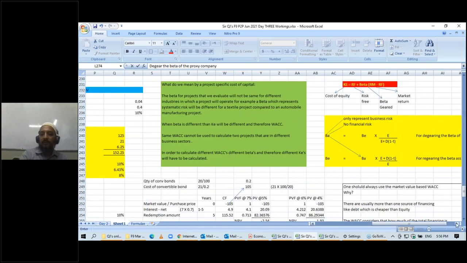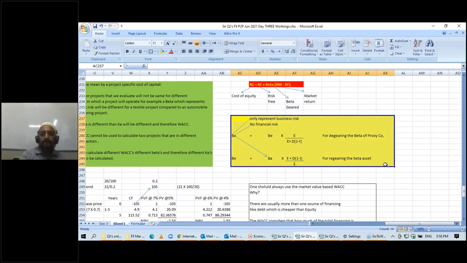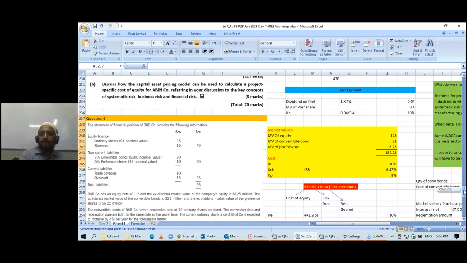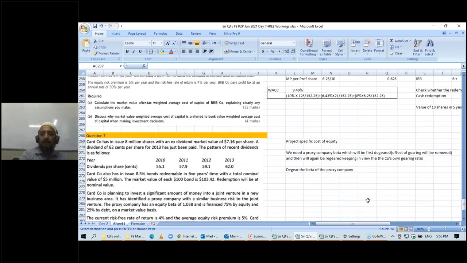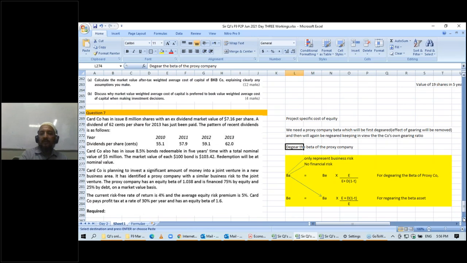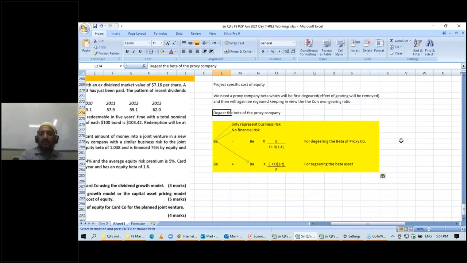So that's the formula for de-gearing the beta. So let's first de-gear the beta.